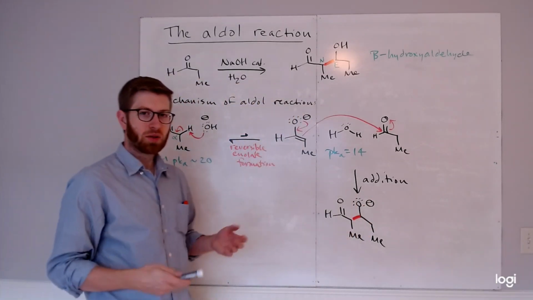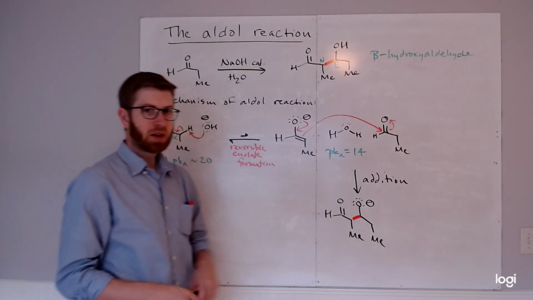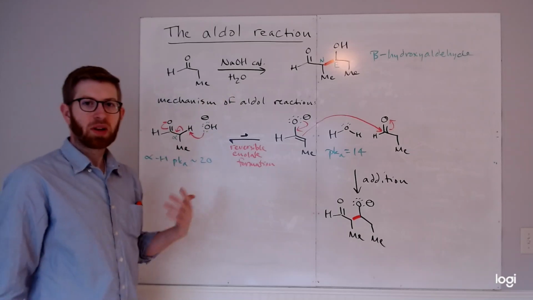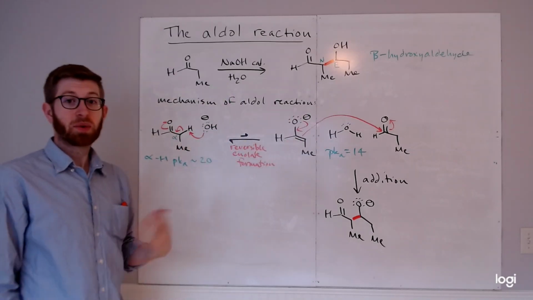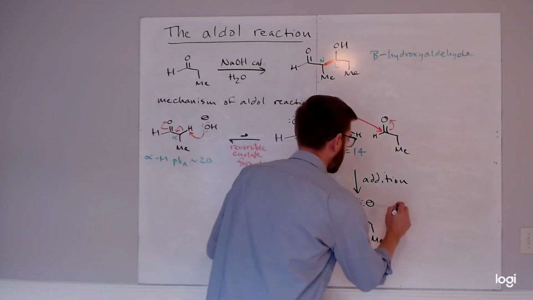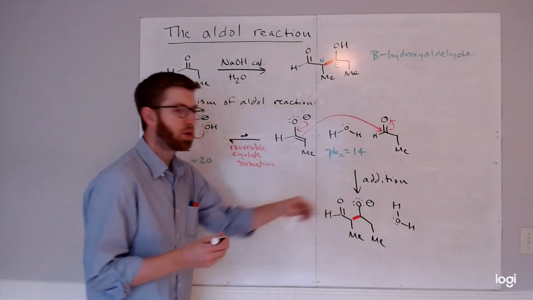We've just done the addition, and that means that the last step, I would need to figure out a way to put a proton on this oxygen, but we have a protic solvent. We've got a lot of water molecules present. We've also made a water molecule in the previous step, so we definitely have water around. So that's kind of like a workup. It's just not a separate stage of the experiment. It's happening whenever this O- species is forming.